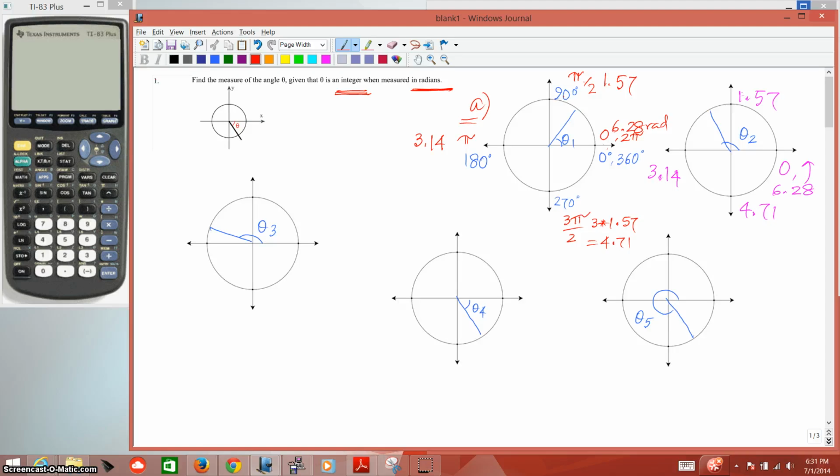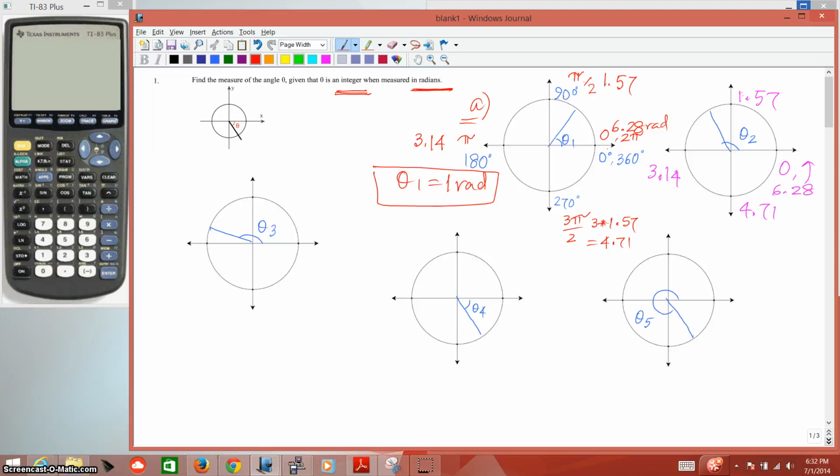So if I look at my theta 1, which is between 0 and 1.57, the only possible answer can be theta 1 equals 1 radian. If this makes sense, I'm sure you know the answers for every other diagram I already made.